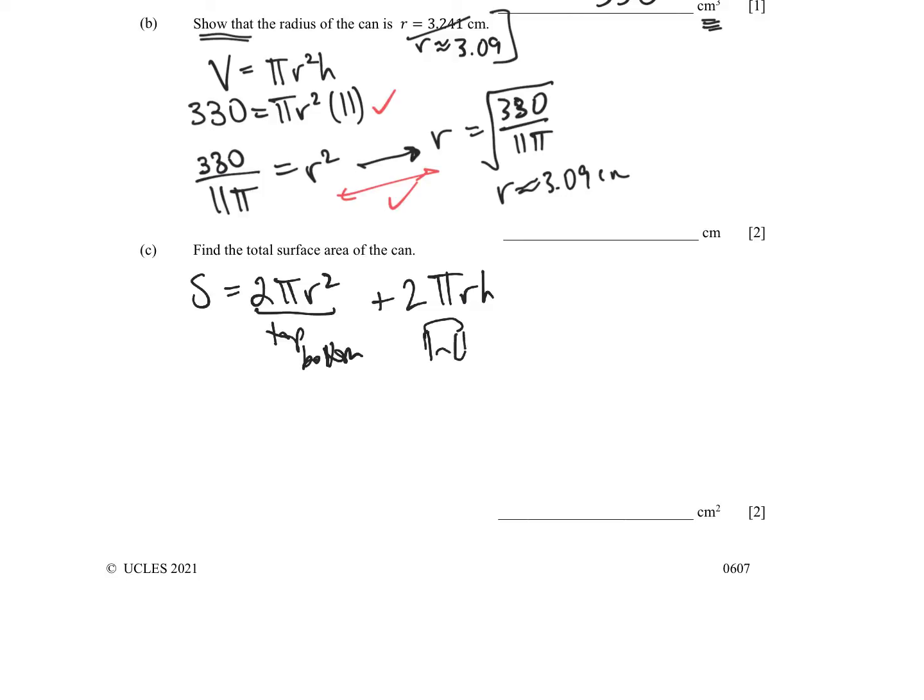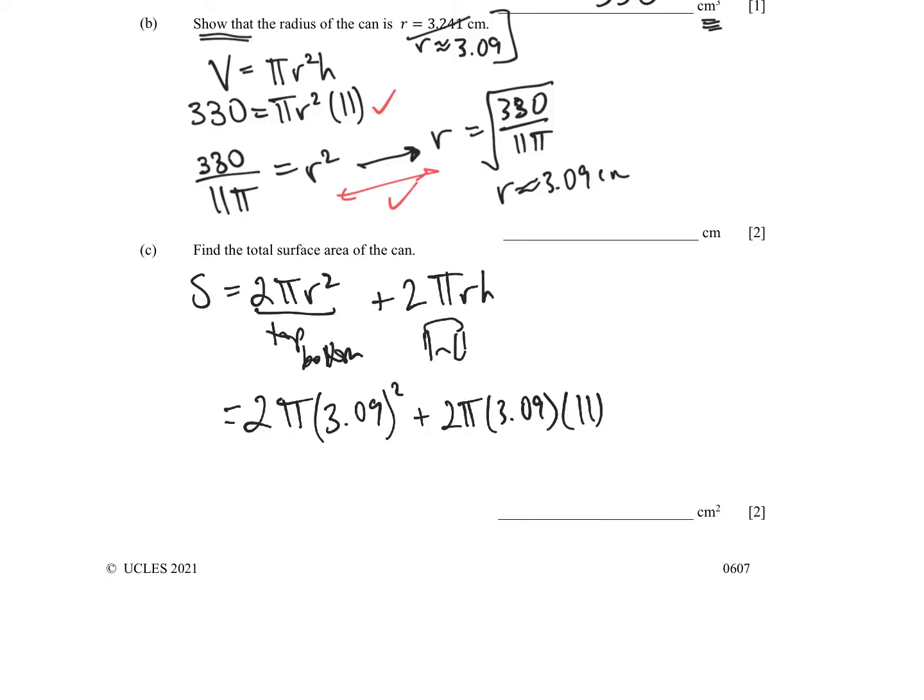And so that's 2 pi and then the radius. Now, again, here we accepted the use of 3.241, just because that wrong amount was given.